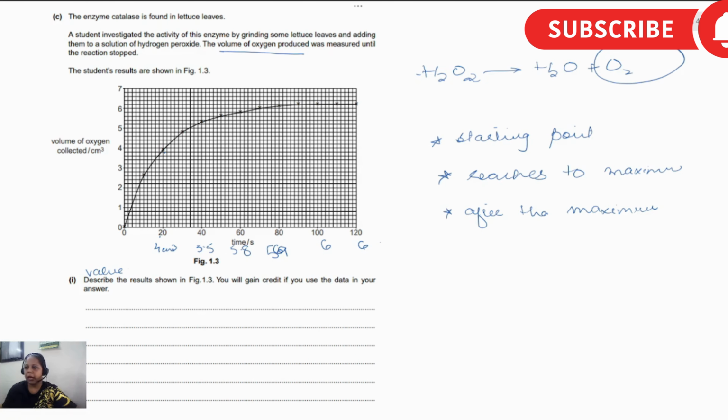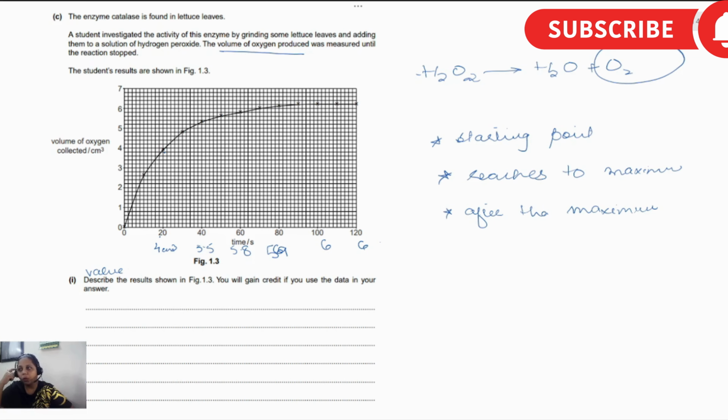At zero, or at the start of the reaction, at 0 seconds. It becomes constant.